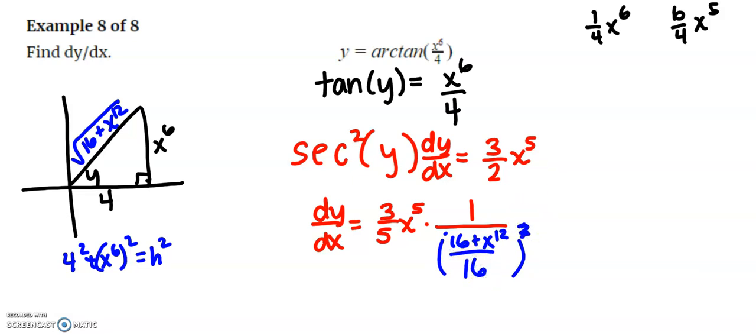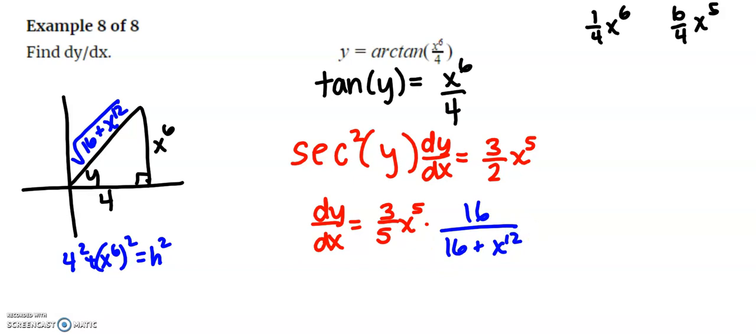No more square. Should have erased that. Now I got to flip it. So it's really going to be 16 over 16 plus x to the 12th.